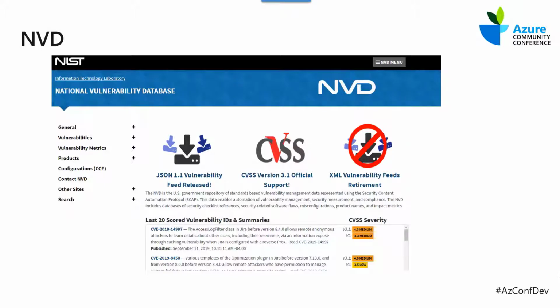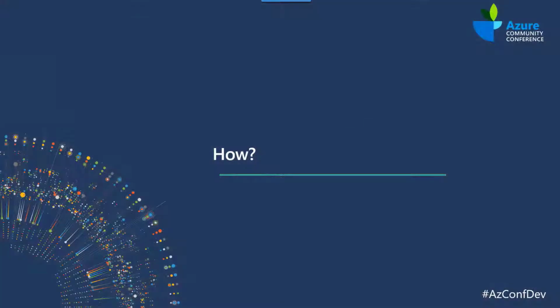The National Vulnerability Database is another platform that depends on the CVE database, but it is maintained by the US government, and it provides enhanced information for the CVE database. For example, it gives impact scores and severity scores as well. It also gives security checklists, misconfiguration information, and advanced search.